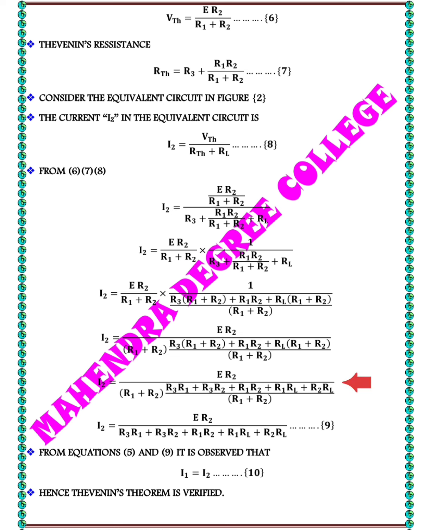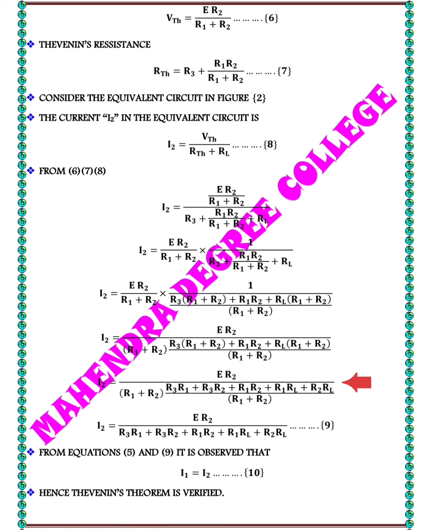Expand the terms. R3 into R1 plus R2 equals R3 R1 plus R3 R2, and RL into R1 plus R2 equals RL R1 plus RL R2.